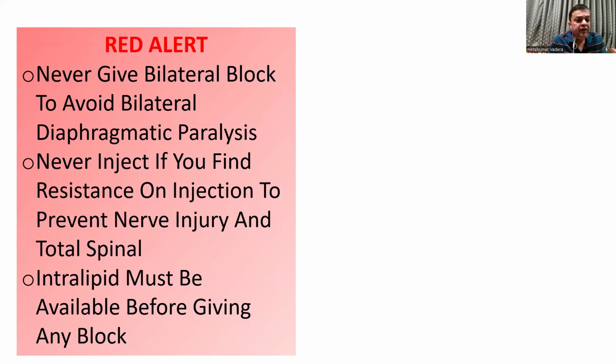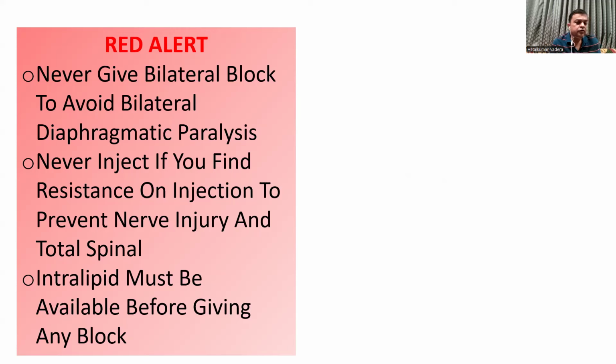Never inject if you find resistance on injection, to prevent nerve injury and total spinal. This is very important: you should inject the drug yourself. Don't ask your assistant to inject, or else you can ask your colleague to inject, because they don't know about the feeling of the pressure or resistance during injection.